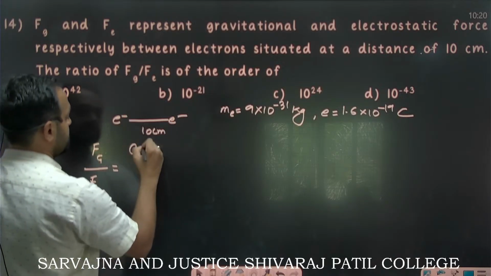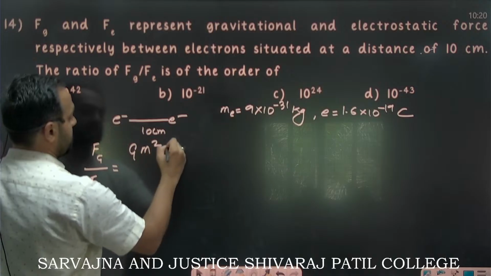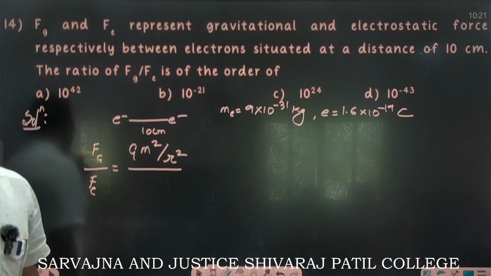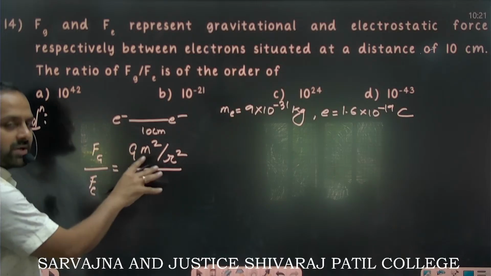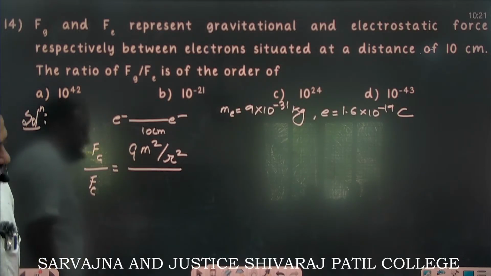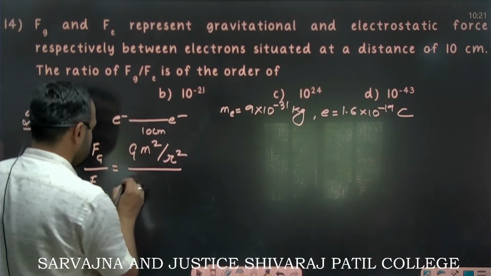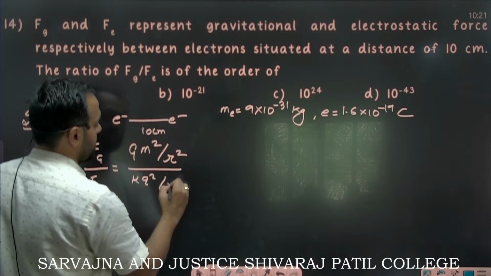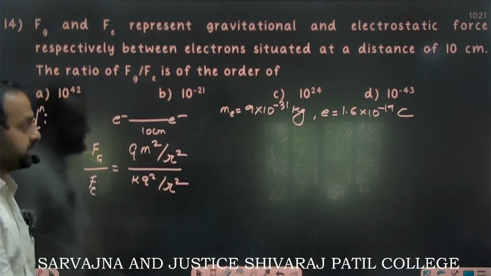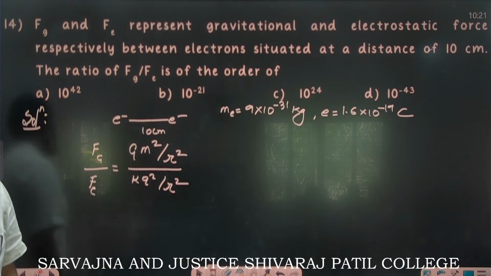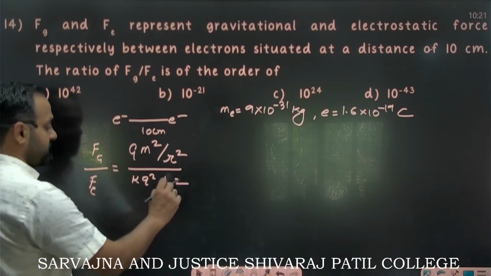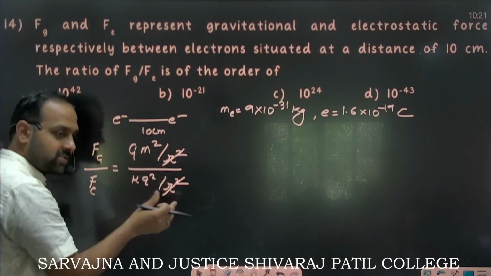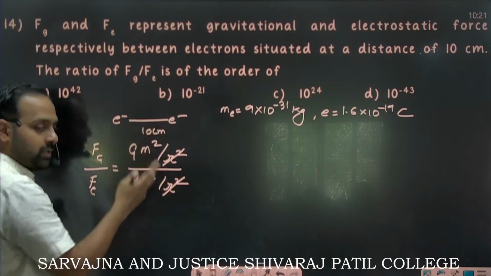Fg is G m square divided by r square. For two electrons the masses are the same, so I wrote G into m square divided by r square. Similarly, this is K q square divided by r square. So r square is the same for both of them. So you are writing gravitational force and electrostatic force between the two electrons.